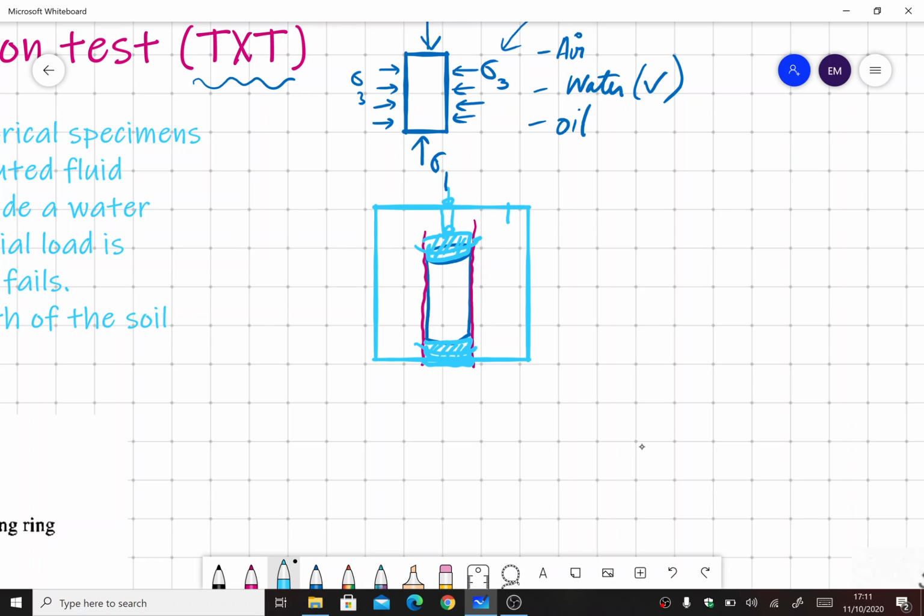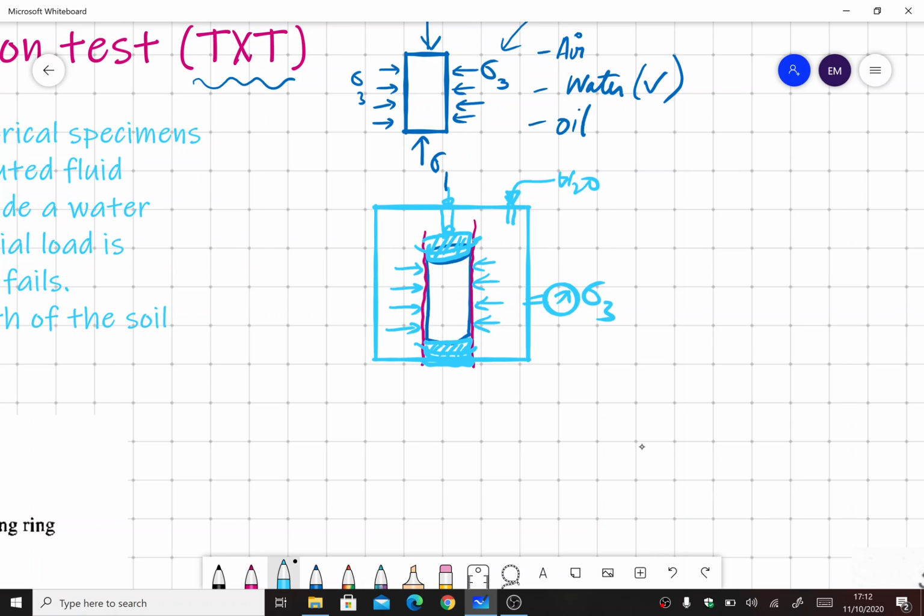There is an inlet here from which you can apply water, and here is a pressure gauge that will tell us how much pressure, sigma 3, is being applied. Because it's a cylindrical soil specimen and we are considering this uniform, by using a glass chamber we will apply a confining pressure on all sides of the specimen.